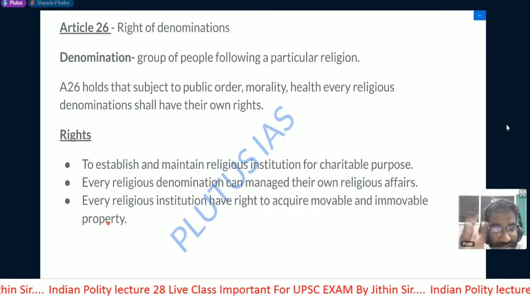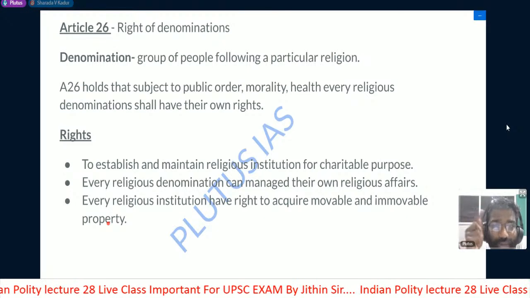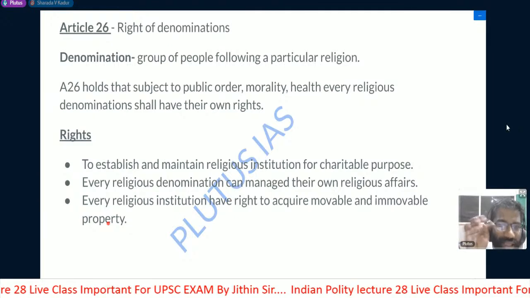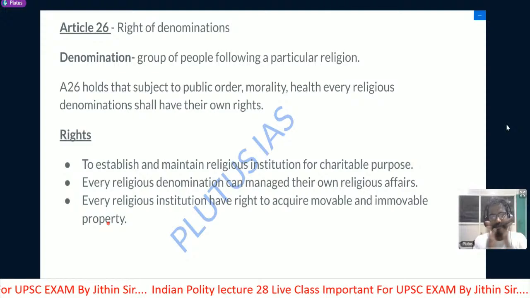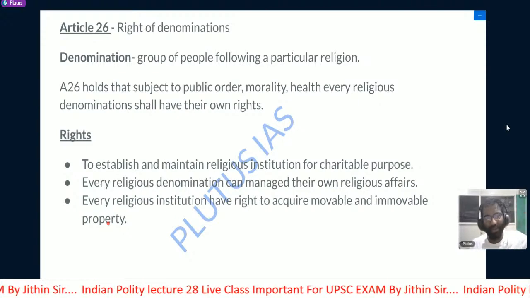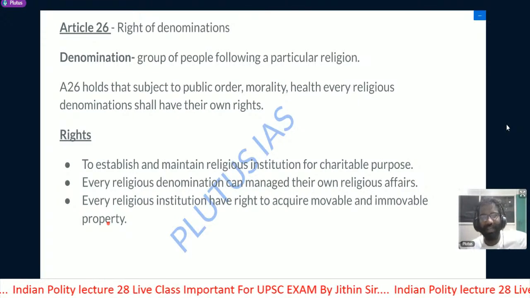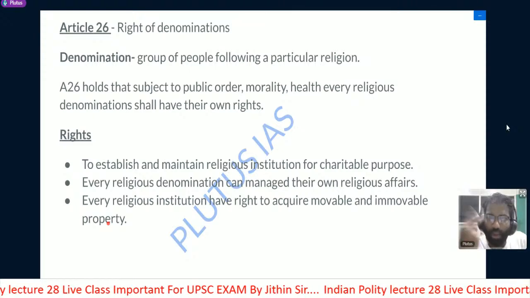Got it? That institution word is the key. To set up that institution, it is written in Article 26 that if five of us join together, believing in a particular religion and in the name of that religion. See, there are two ways.